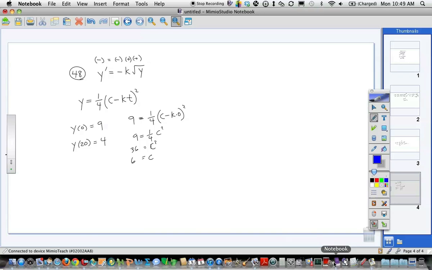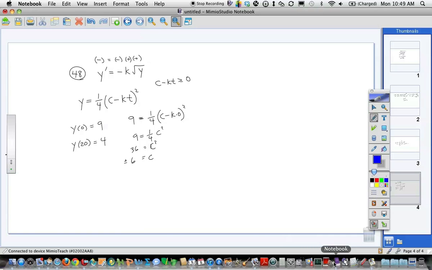Now, I just made a terrible, terrible mistake right there. Plus or minus. A lot of you just forgot that, and you ended up getting lucky because the negative one isn't going to work anyway. Okay? They did say this in the problem. C minus KT has got to be greater than or equal to 0, they said, for physical reasons.